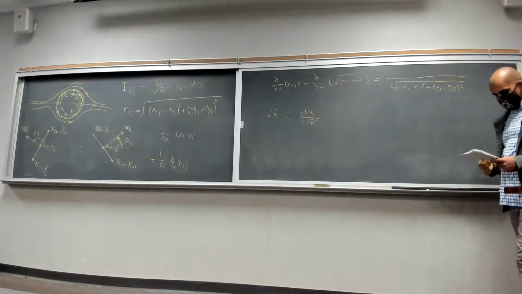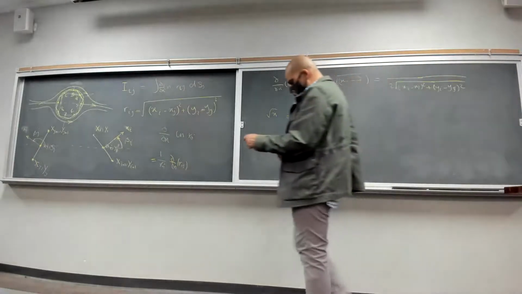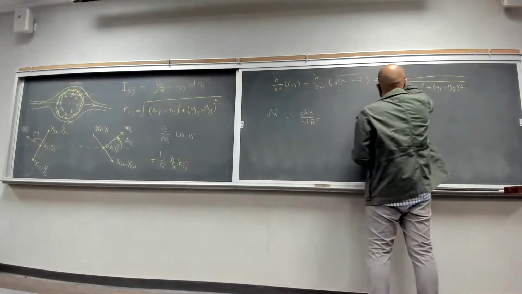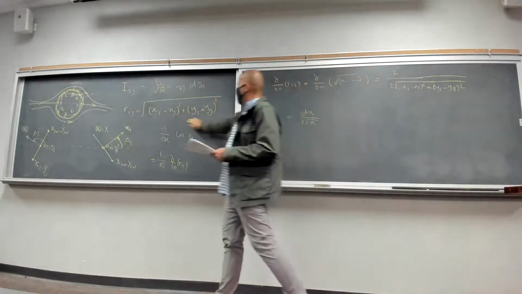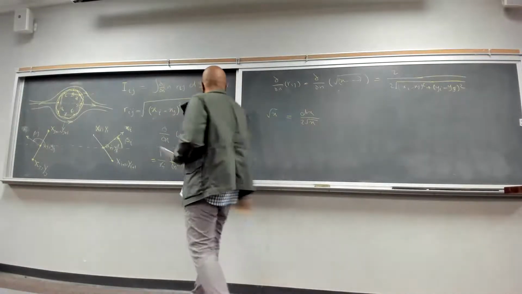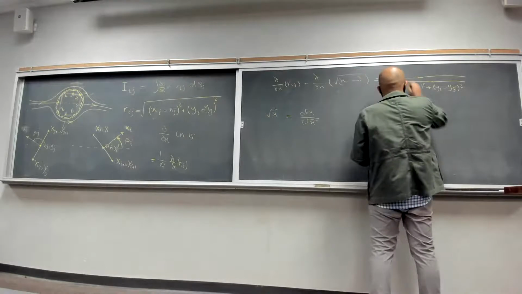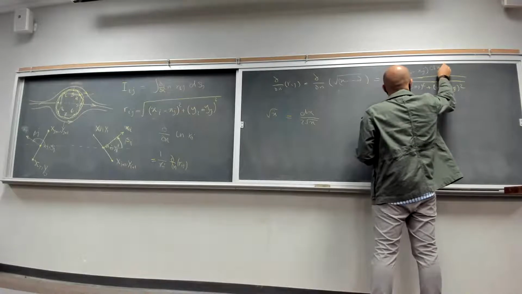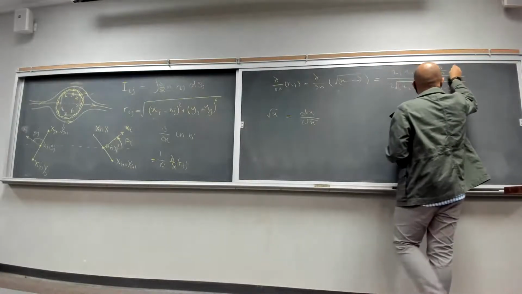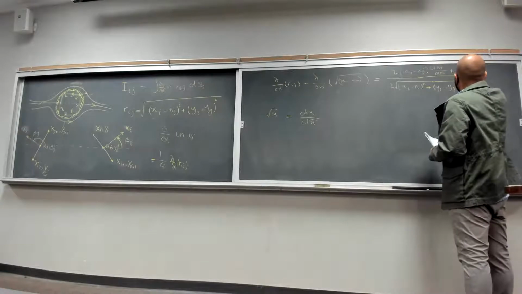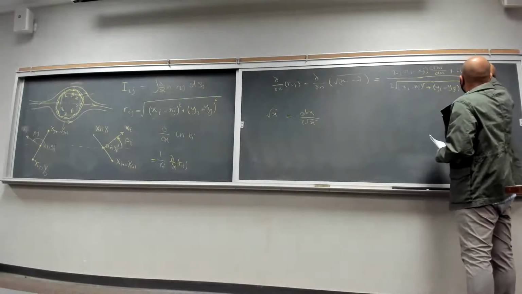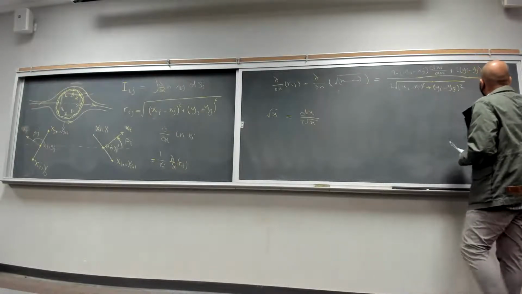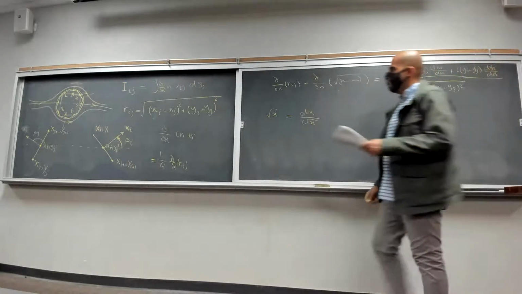And what do we have on the numerator? The derivative of whatever is underneath here, which is going to be 2 times xi minus xj dxi/dn plus 2 times yi minus yj dyi/dn. Okay?